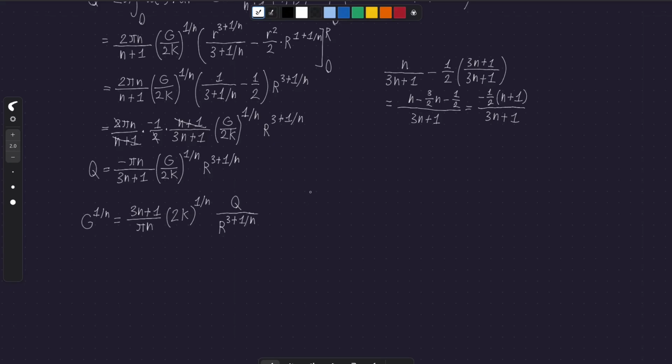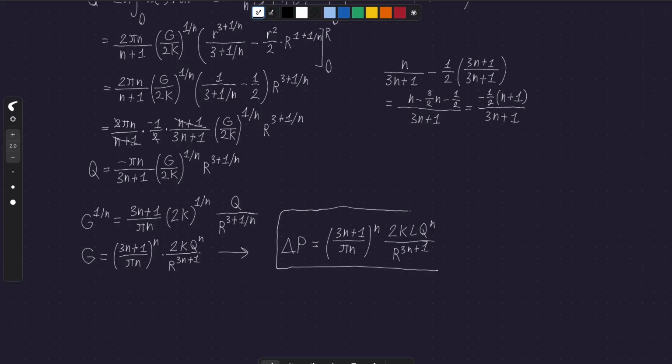Okay, you'll notice that if you replace n by 1, you get a Newtonian fluid where mu equals K. Now we do the exponent thing, to the power of n, and delta P. So here we have it, the pressure drop of a power law fluid. And if you want to use another type of non-Newtonian fluid, then you just have to replace the shear stress by the appropriate formula.